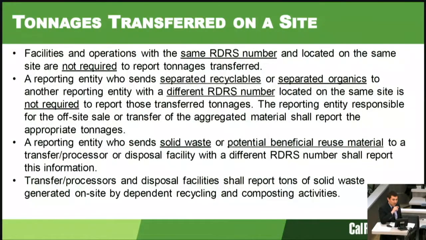This would be a case of a transfer station, MRF, or permitted transfer processor taking the lead for a dependent activity, like a clean recyclable operation. So they wouldn't have to record the tonnages transferred between those entities.